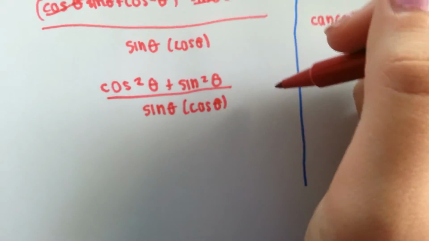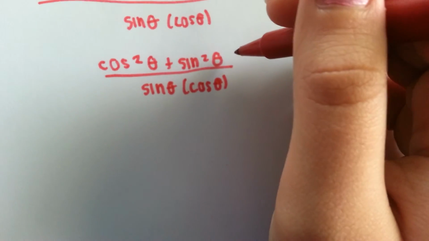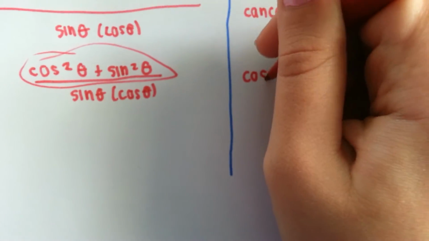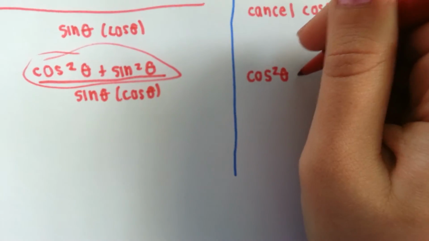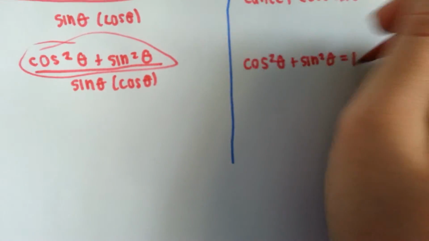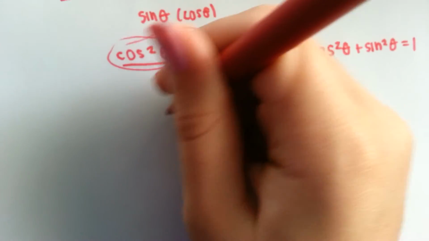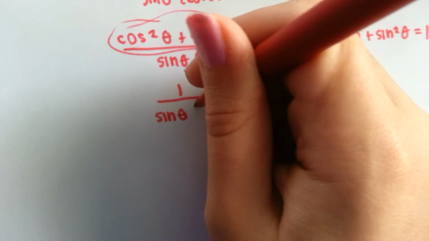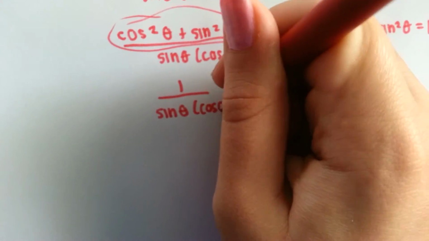And if we look at our Pythagorean identities, we know that this is equal to 1. So cosine squared theta plus sine squared theta is equal to 1. So now we have 1 over sine times cosine.